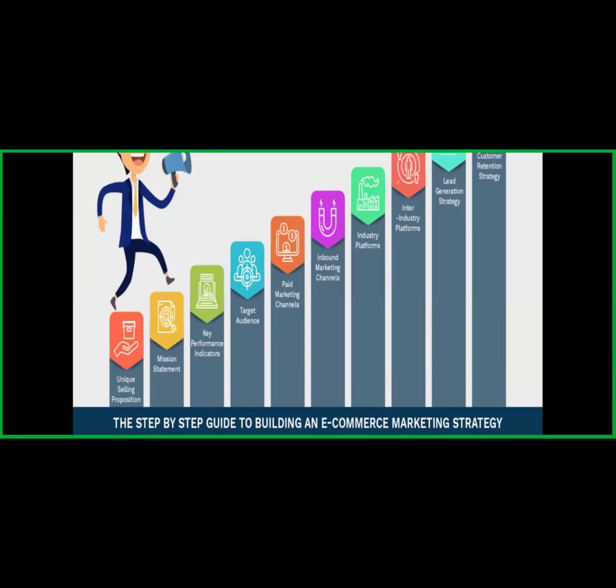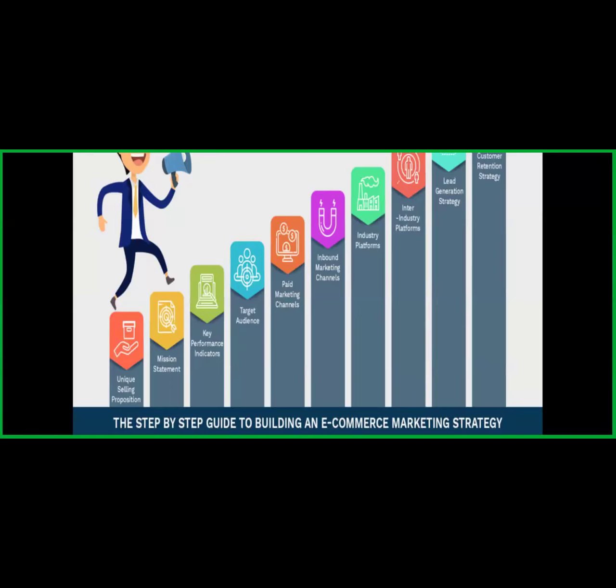Then inter-industry platforms. Inter-industry means, say, the automobile industry is there, then the aviation industry is there, the food and hospitality industry is there, the pharma industry is there. So that is industry. When we are talking about inter-industry, it means more than one industry, or different industries.